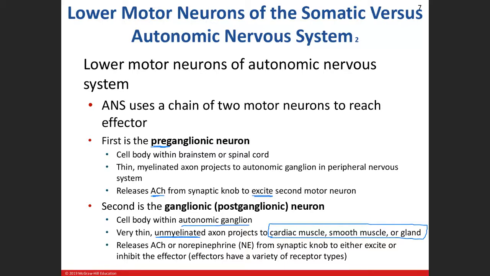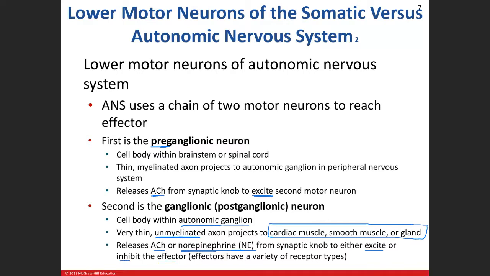But the postganglionic neuron can release either acetylcholine or norepinephrine, two different ones. So it can either excite or inhibit the effector.